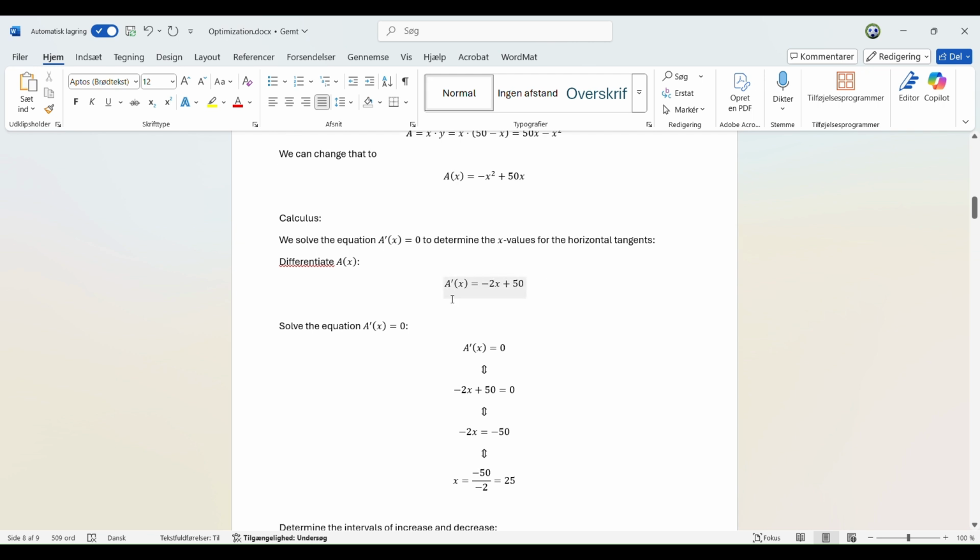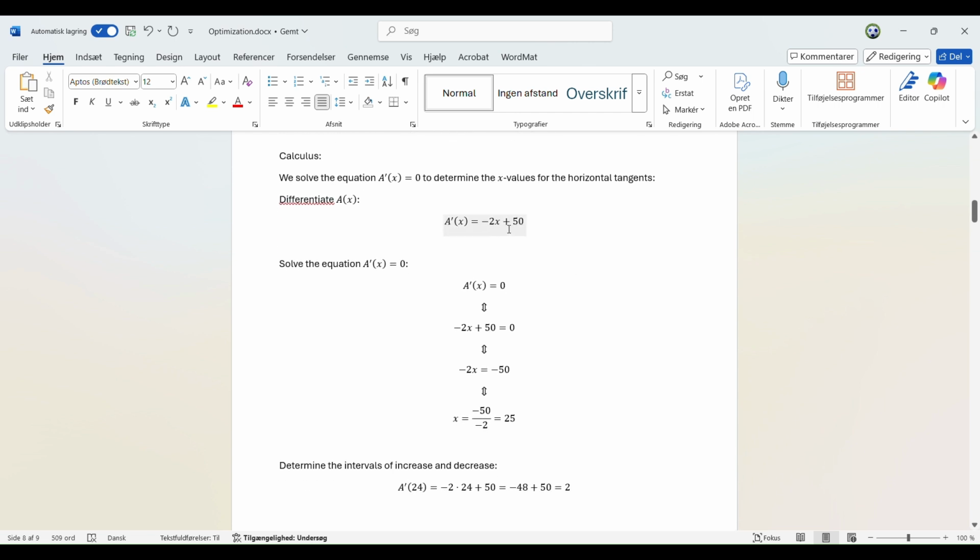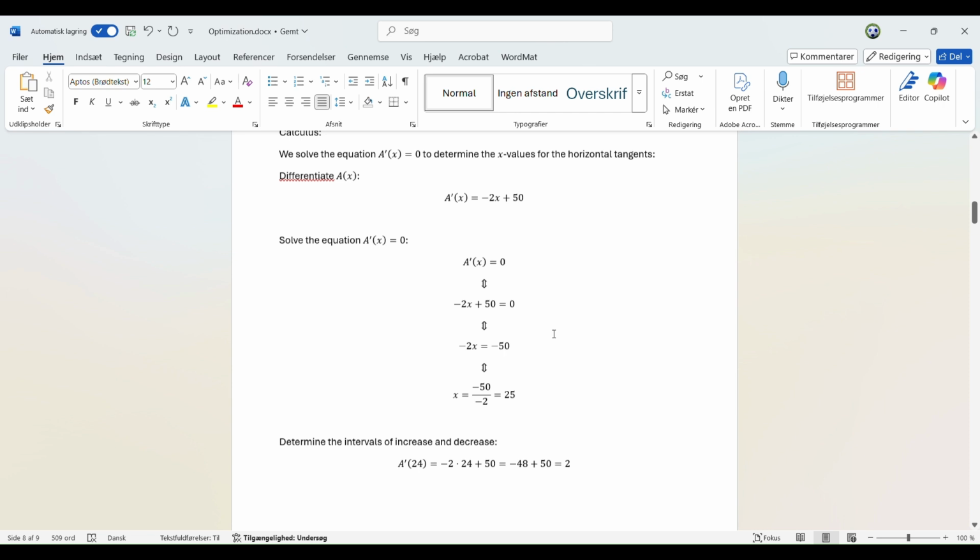So first off we need to find A prime of x. For this expression, minus x squared plus 50x, the first order derivative is down here. And now we take this expression and make it equal to 0 to solve this equation up here. So minus 2x plus 50 equals 0.